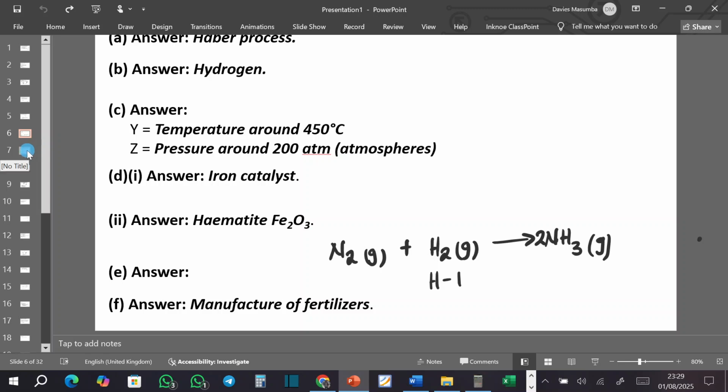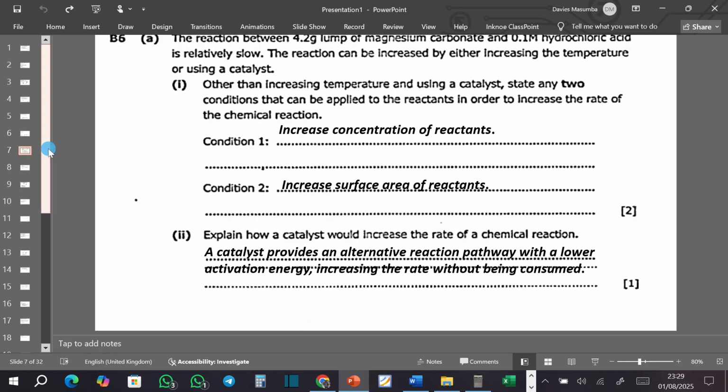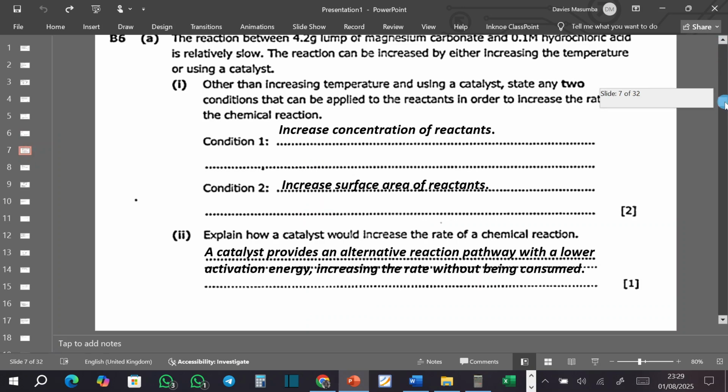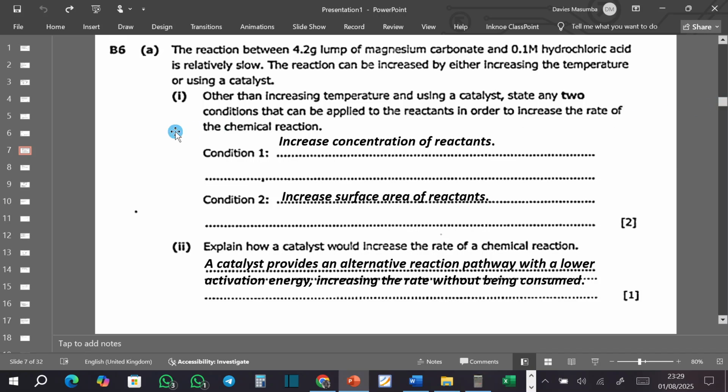Then now let's go to another question. We are now looking at question B6. B6A says the reaction between a 4.2 gram lump of magnesium carbonate and 0.1 molar hydrochloric acid is relatively slow. The rate of reaction can be increased by either increasing the temperature or using a catalyst.